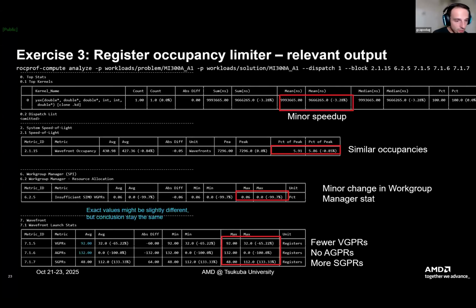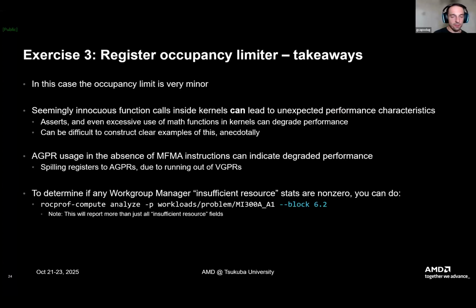Okay, and also notice that we are filtering with this block here, 6.2, which is the insufficient SIMD VGPRs, vector general purpose registers.